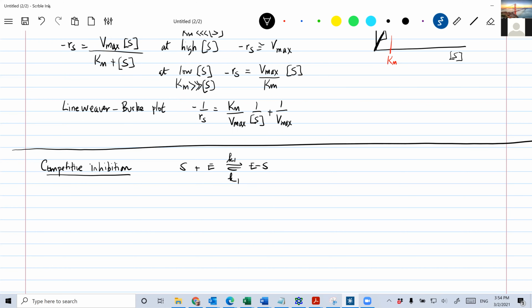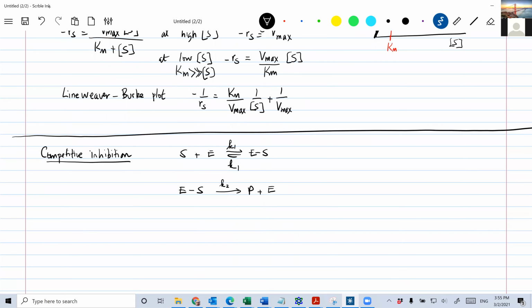So you can form your enzyme substrate complex, and you can go through the process. I'm simplifying here a little bit: I lumped two steps, enzyme substrate to enzyme product and product release, into one step to make it simpler, because this is still rate limiting in this case.